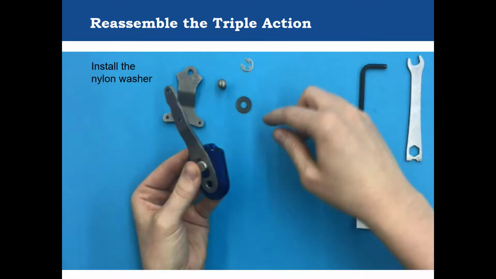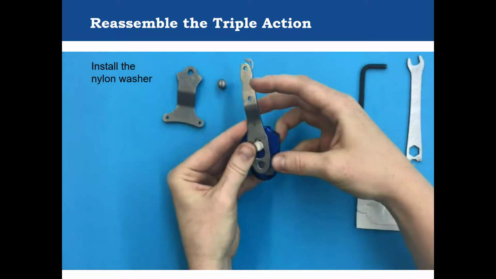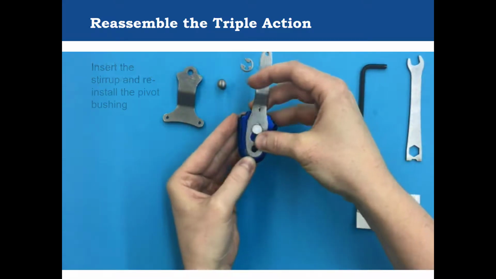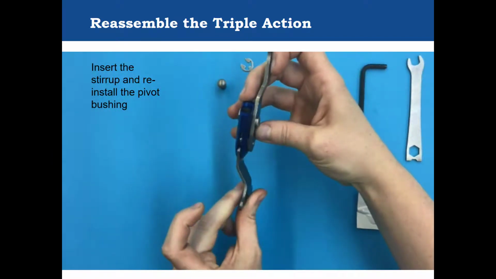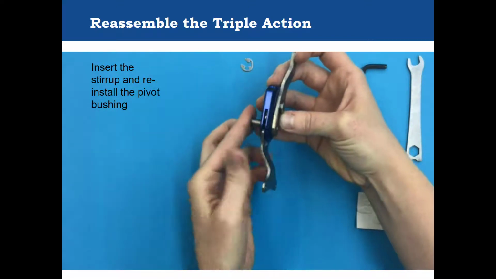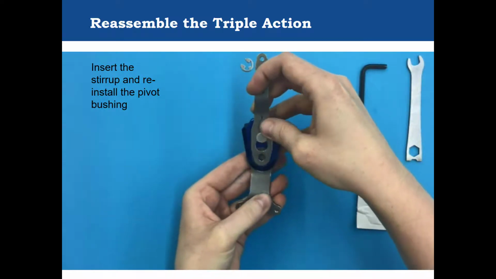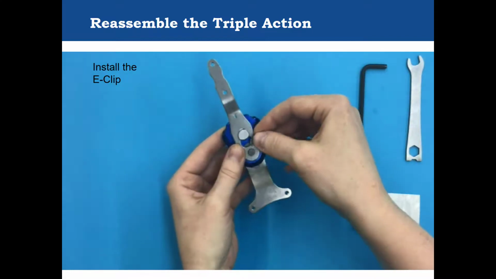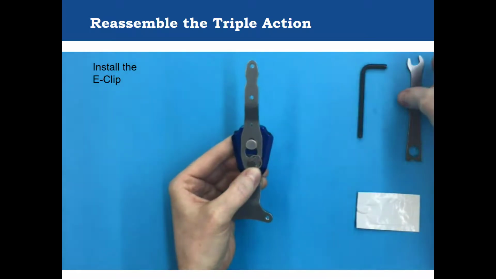Note the placement of the nylotron washer. Insert the stirrup and install the pivot bushing. Finalize assembly by reinstalling the E-clip. Lastly, verify that the component articulates freely after assembly.